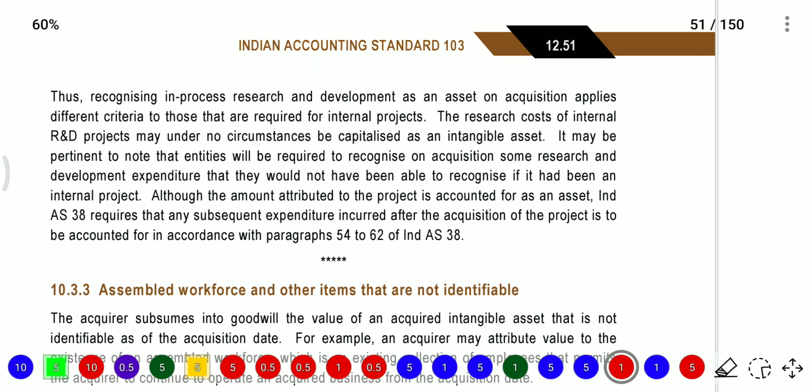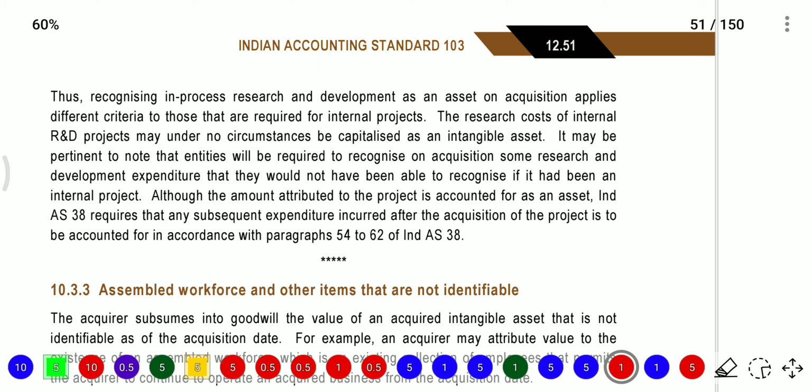Now, whenever we are recognizing in-process R&D as an asset of acquisition, different criteria will be used for internal projects. The research cost of internal R&D projects may under no circumstances be capitalized as an intangible asset, because some R&D expenditure would not have been recognized as an asset by the entity.